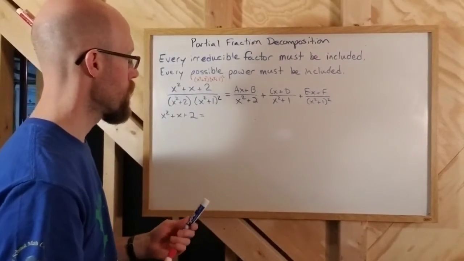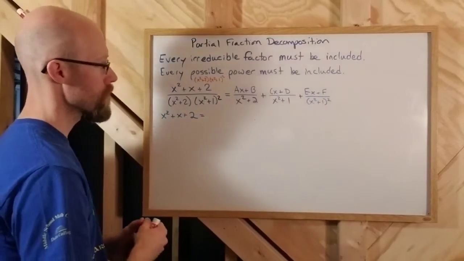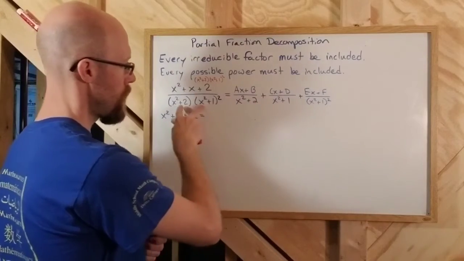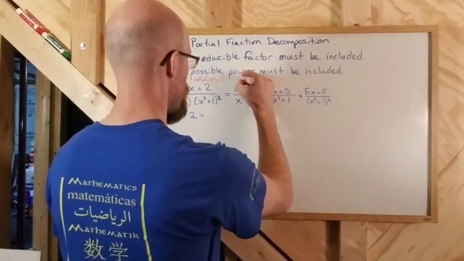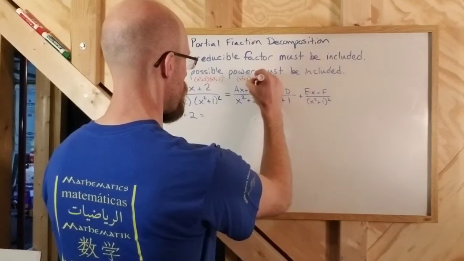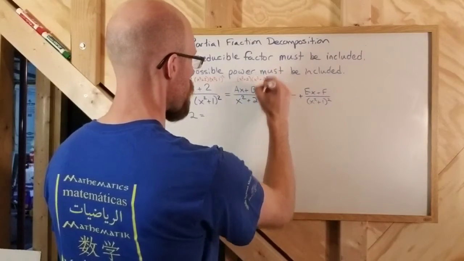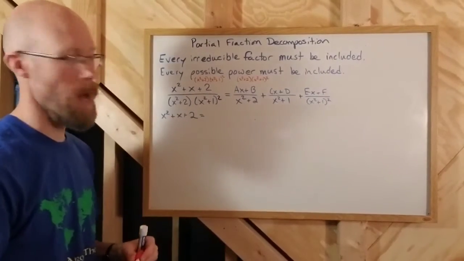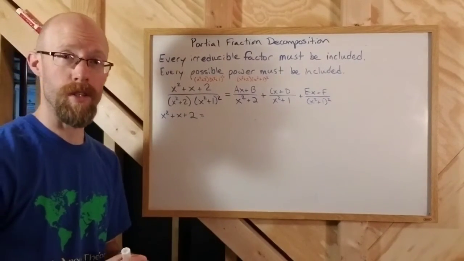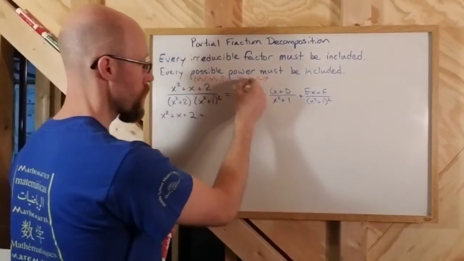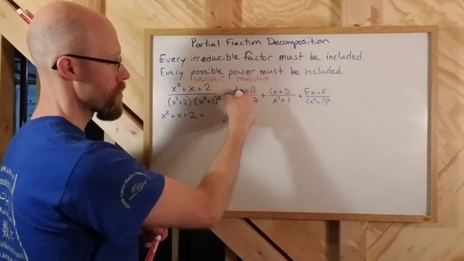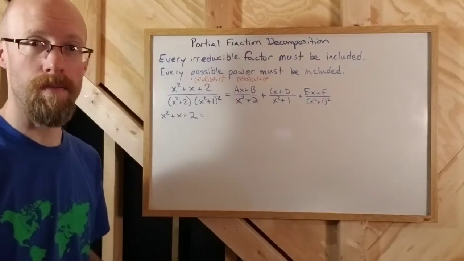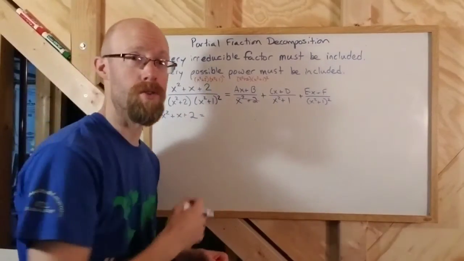The right side, if I multiply the first term by this LCD, which would be multiplying by x squared plus 2 and x squared plus 1 squared, the factor that's present will cancel off, but the missing factors will multiply the numerator. And that's actually going to be a general rule going all the way down.